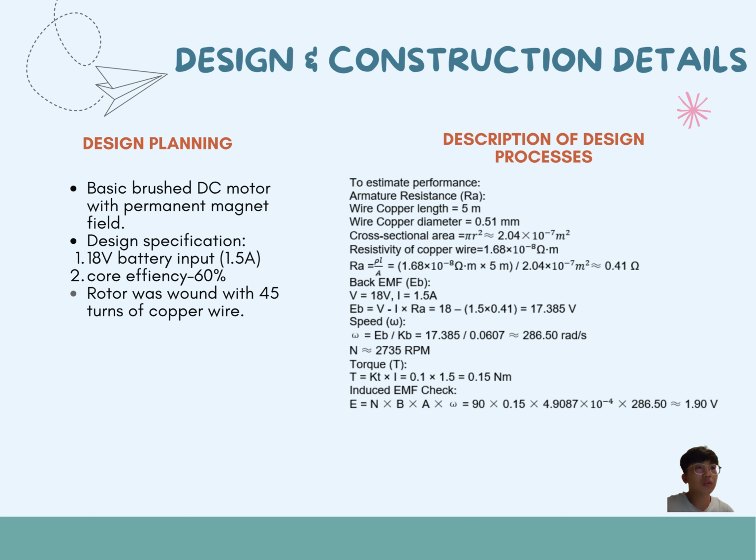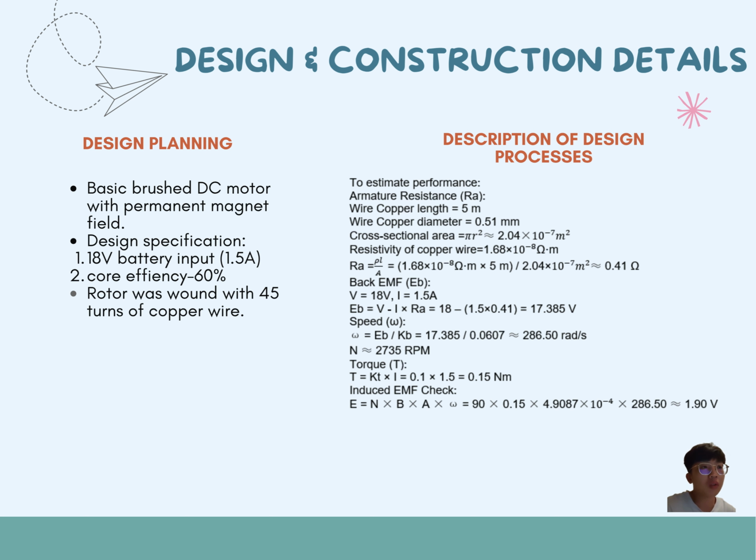In the description of the design process, we need to do some simple calculations. First we need to find the armature resistance RA. Our copper diameter is about 0.51 mm.